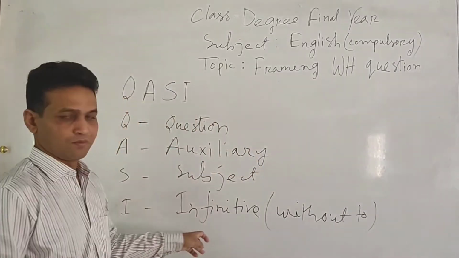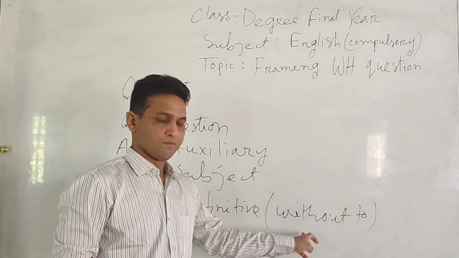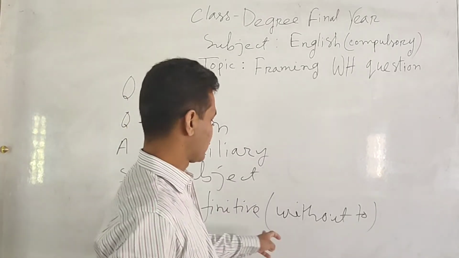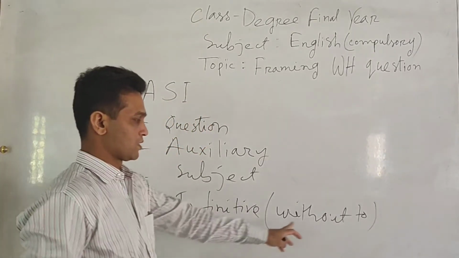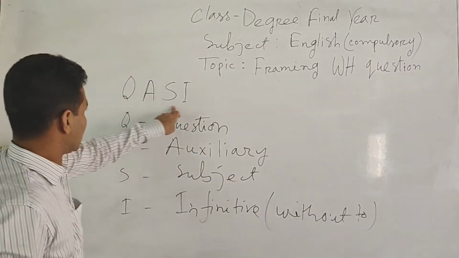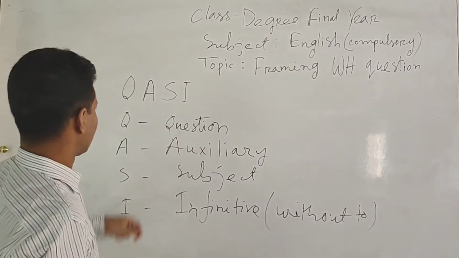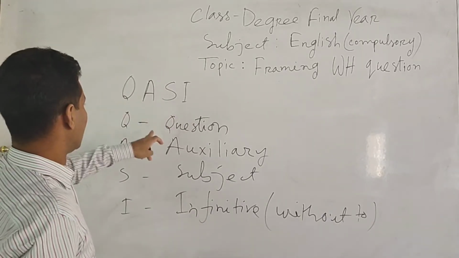That means the present form of verb. Infinitive, we know, is to plus verb. Base form of any verb is called infinitive. So we will use infinitive but without to. From this method we can learn easily how to form WH question.